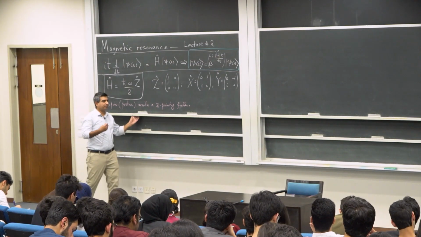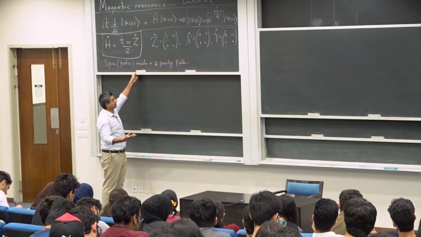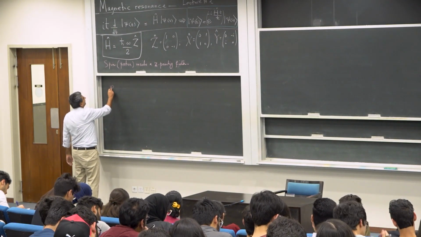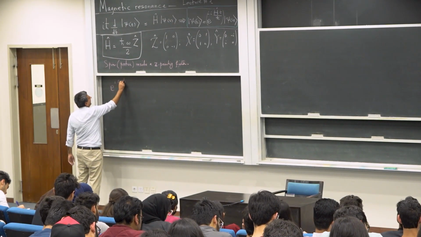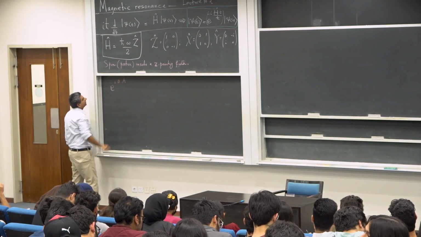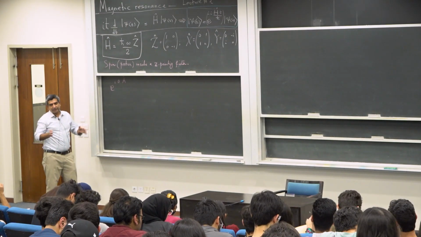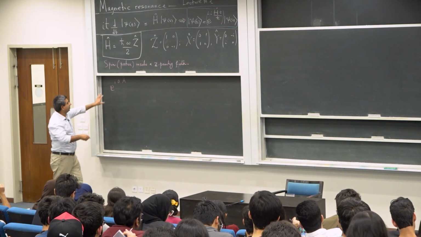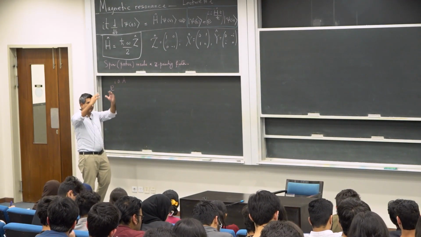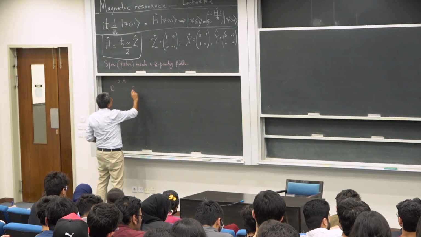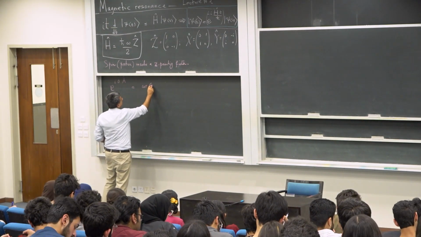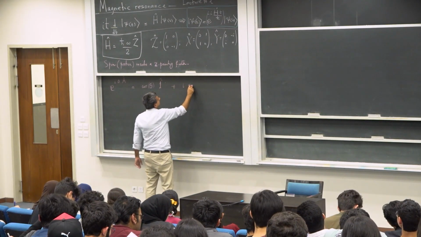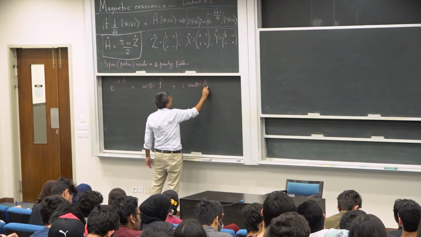We also proved a theorem in the last lecture. The theorem was as follows: e raised to the power i theta A, where theta is some real number and A is a matrix, an operator whose square is identity, an idempotent matrix, becomes cosine theta times identity plus i sine theta times the matrix itself.